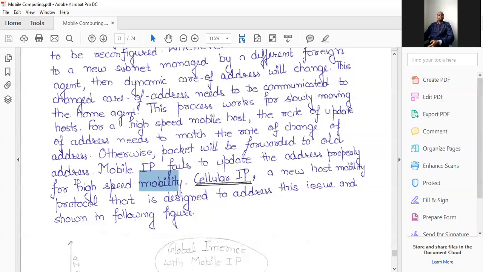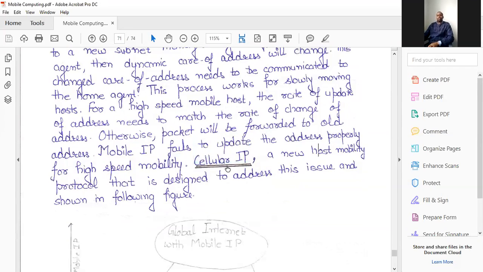So when there is this high-speed mobility, where the mobile phone changes location at very fast intervals, there will be a challenge in updating the addresses, updating the IP address of that mobile phone into every network it enters. That challenge will be addressed by what we now call cellular IP.